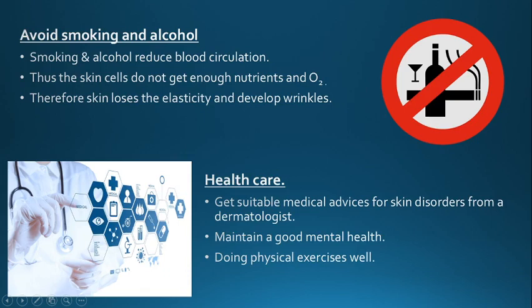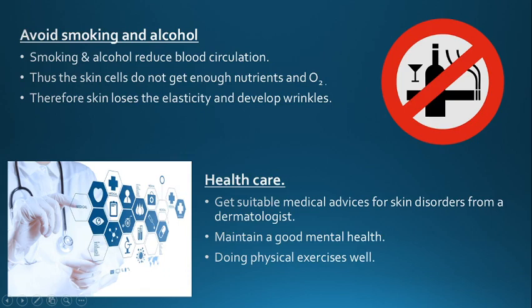Next one is avoiding smoking and alcohol. Smoking and alcohol reduce blood circulation, because they thin our blood vessels inside the dermis, so the blood supply decreases when we smoke or use alcohol.